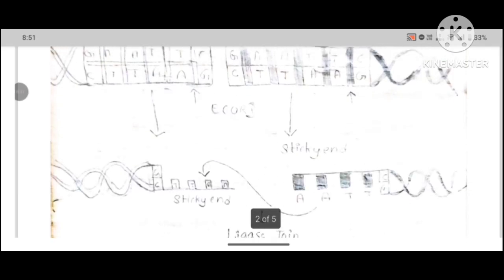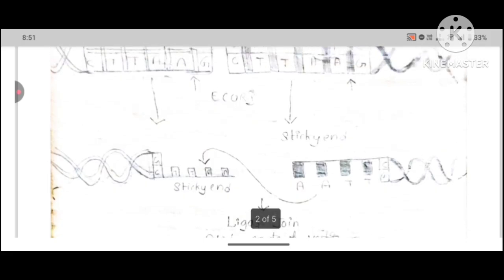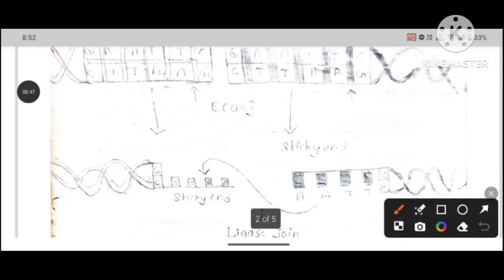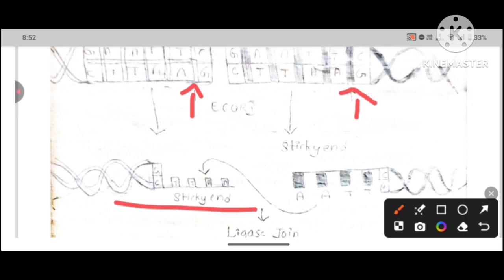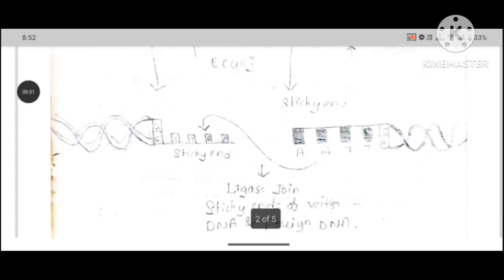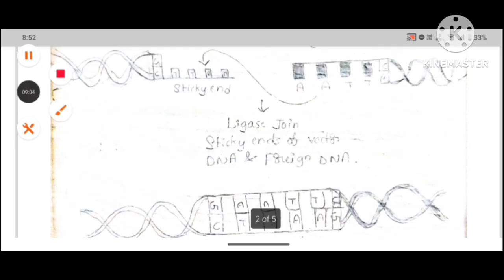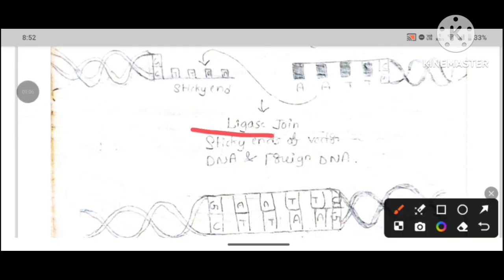This site is known as the restriction site, where the restriction enzyme cuts the sequence. The arrow indicates the specific site of the DNA where EcoRI acts, and it creates sticky ends like this. The sticky ends will be joined by the enzyme known as ligase. This is the sticky end of the vector DNA and this is the foreign DNA.